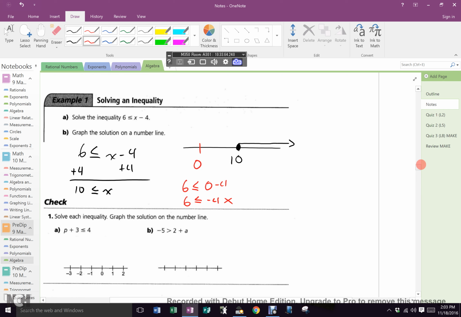Do those 4 or 2. Go. Make sure you graph them. First one's easy because it's got numbers on it for you.